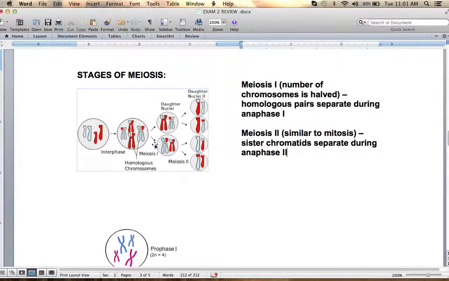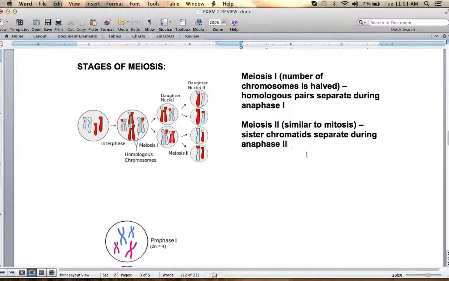We'll go into this in a little more detail, but the big picture thing you need to remember is that meiosis 1 is when the number of chromosomes is halved, and that's because the homologous pairs separate during anaphase 1. And then in meiosis 2, which is very similar to mitosis, the sister chromatids separate during anaphase 2.